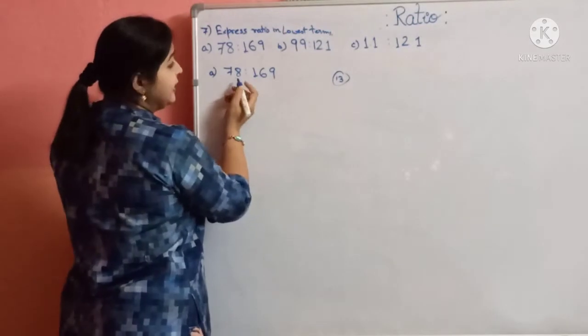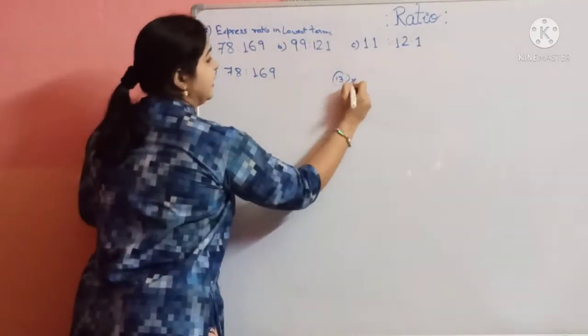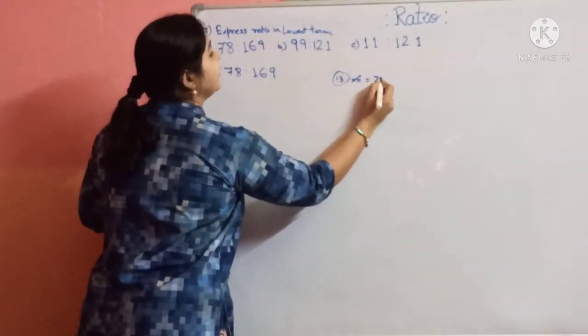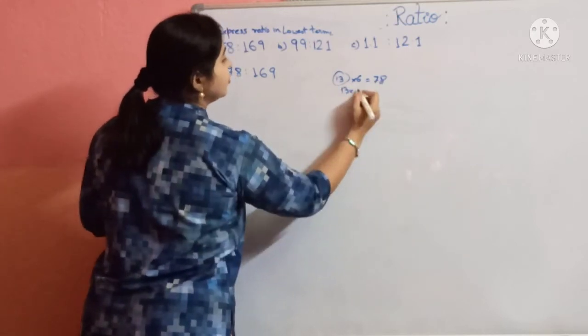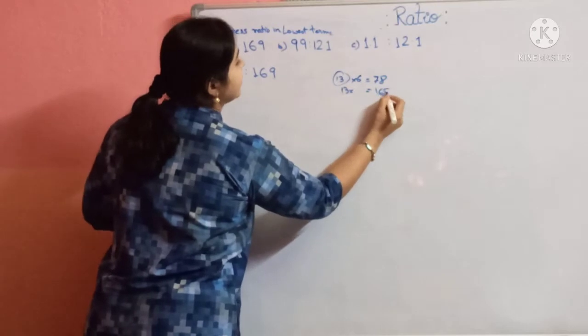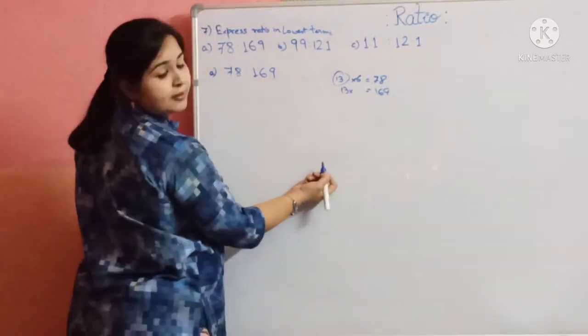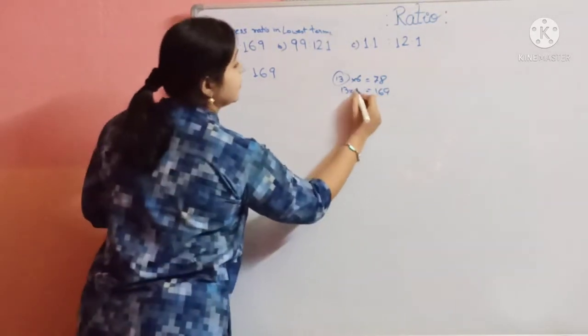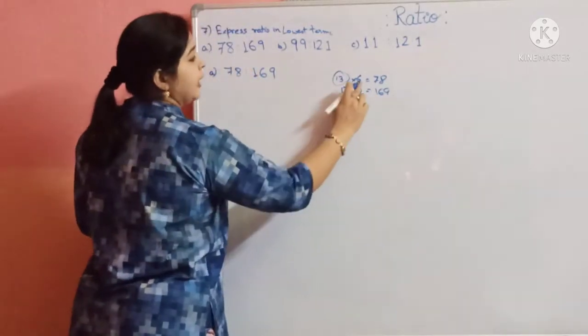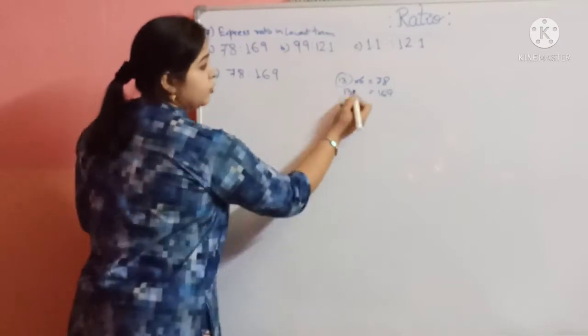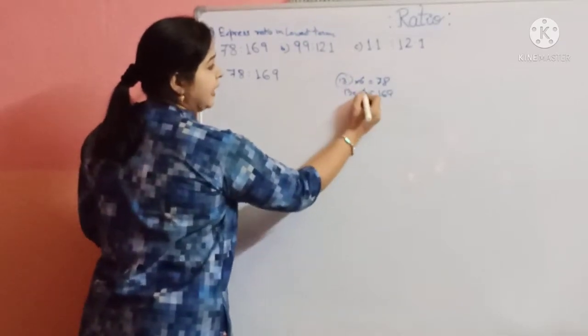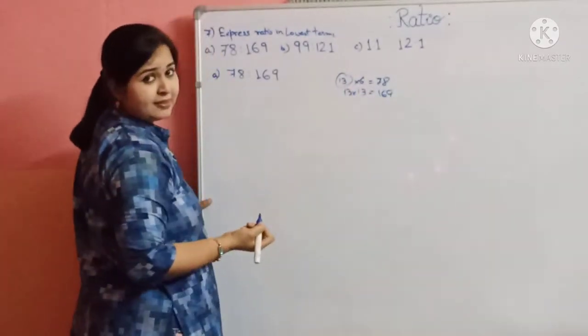See, 13 into 6, what does it come to? 78. And 13 into, wait, what comes? 169? Tell me. So 13 sixes are 78 and 13 thirteens are 169.